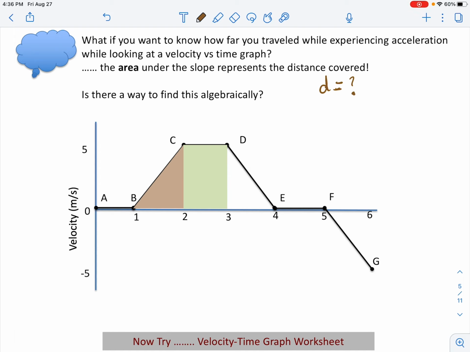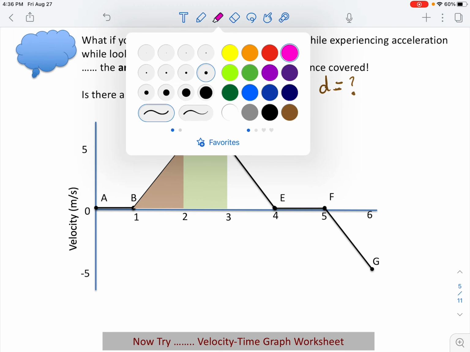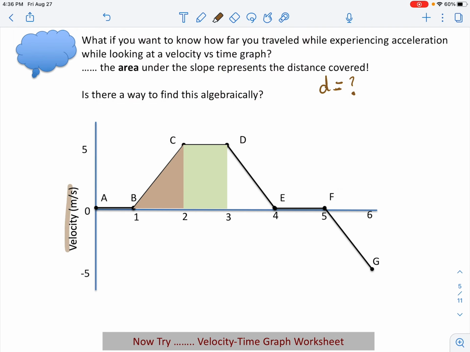So if we are looking at a velocity time graph, and I ask you for the displacement of the object. So in real life, how far did the object travel before it came to a stop? If we are accelerating at this rate and the object needs to reach 50 meters, how much time will it take them to reach that 50 meters?